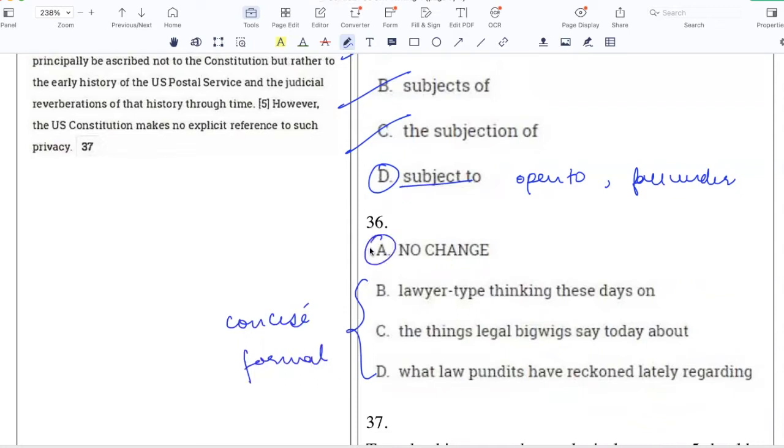I basically need to say that modern legal interpretations of privacy take inspiration from what Brandeis said. So lawyer type thinking or legal bigwigs saying something or law pundits reckoning lately, none of this captures this formally or concisely, so A.